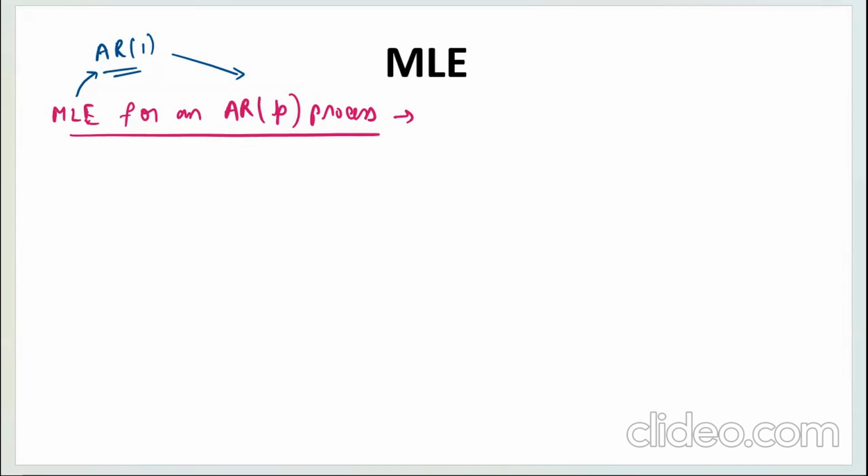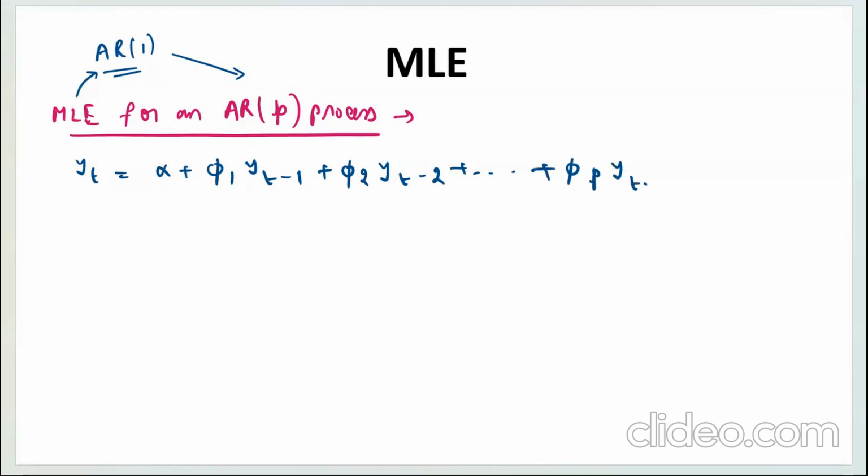So let us start with the general form of the AR(p) process, which is alpha plus phi1 y(t-1) plus phi2 y(t-2), and this will go on up till phi p y(t-p), plus epsilon t, right?